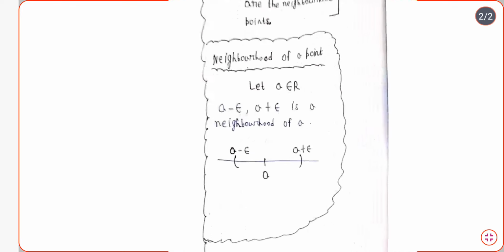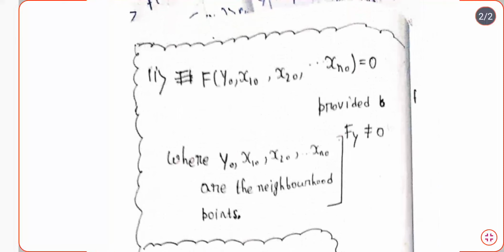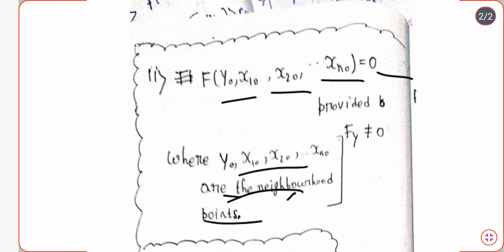What is the second condition of implicity? This is very important. The second condition tells us that the function of y0, x10, x20 up to xn0 should be equal to 0. These y0, x10, x20, xn0 are the neighborhood points. What are the neighborhood points? Neighborhood points are those points which satisfy the equation.